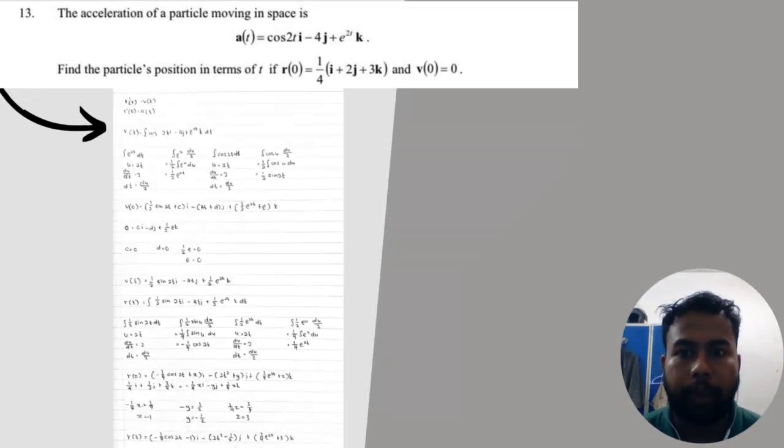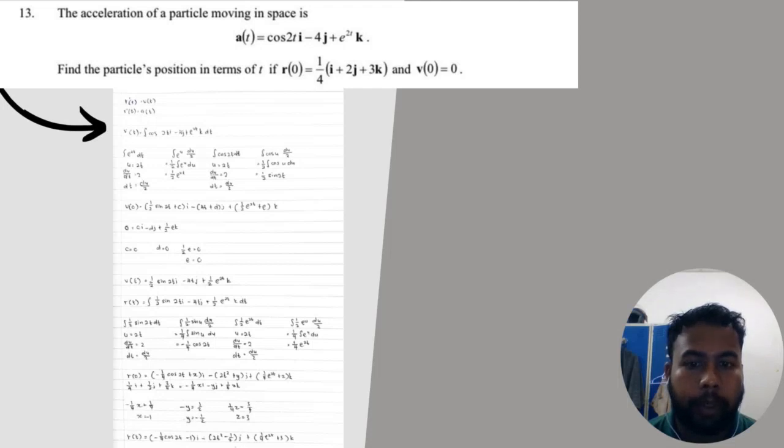Okay, for question 13, we have to find the particle position that we have to find from the given acceleration vector at A and the initial condition, and v equal to 0.